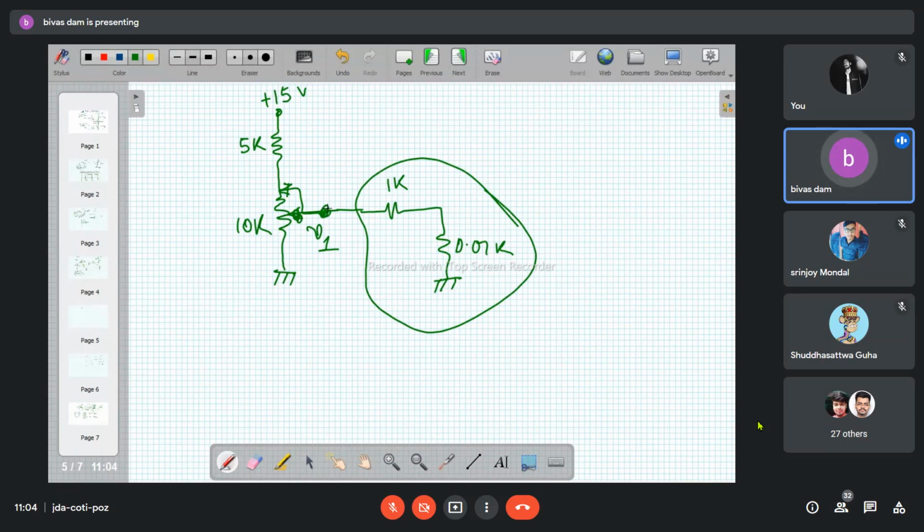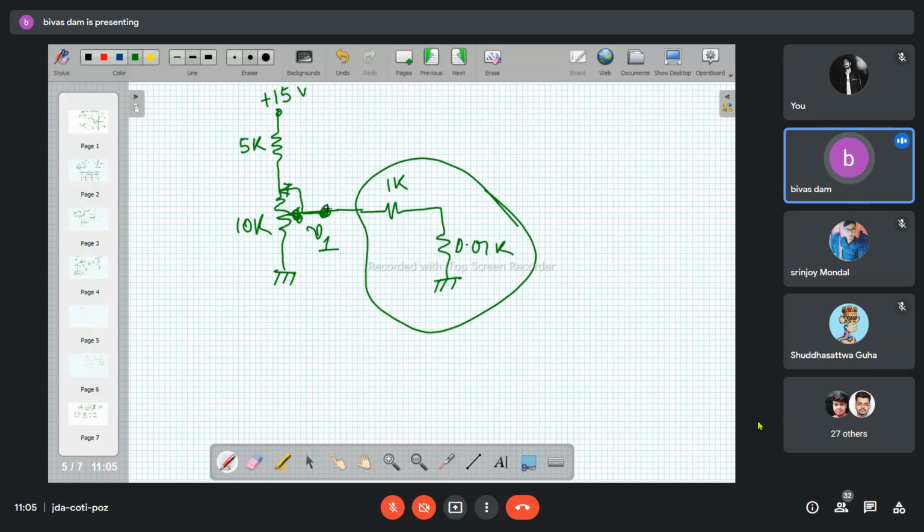Now this load impedance is less than the output impedance of this output terminal. So there is definitely going to be certain appreciable loading effect. Had there been low load, V1 would be plus 10 volt. But as the load impedance is nearly 1k, that is much below the output impedance of this circuit, your output voltage is expected to be much below that open loop output voltage of 10 volt.